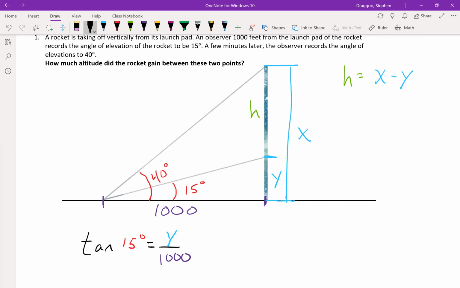And I can set up another equation, this time one that says the tangent of 40 degrees should be equal to x over 1,000.